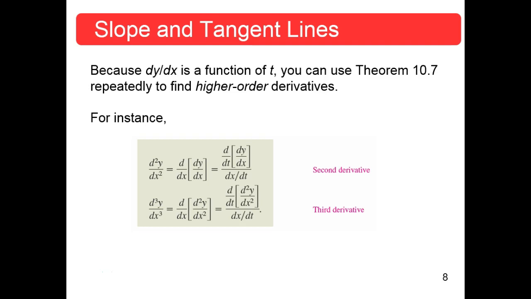It's d/dx of dy/dx, which would be d/dt of dy/dx over dx/dt. Now, that doesn't look like you're quite being fair about it, but you really are. That's your second derivative.